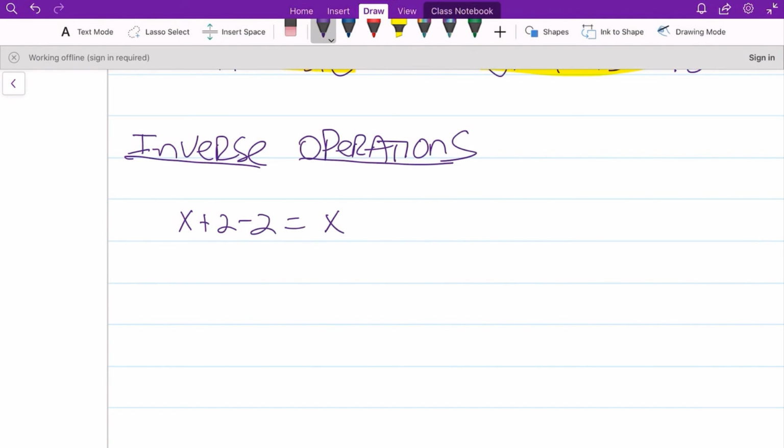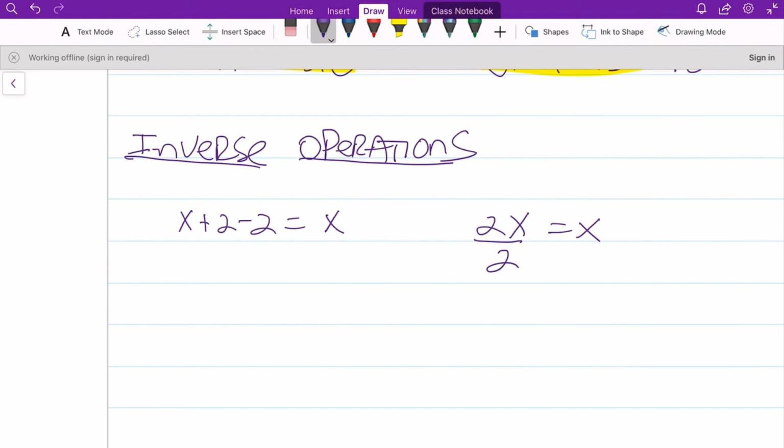So addition and subtraction would be the inverse operations. And then similarly, if I had x again, and we multiplied it times 2, if I wanted to undo that multiplication, I would do the inverse operation, which would be division, and we would wind up with what we started with, okay?